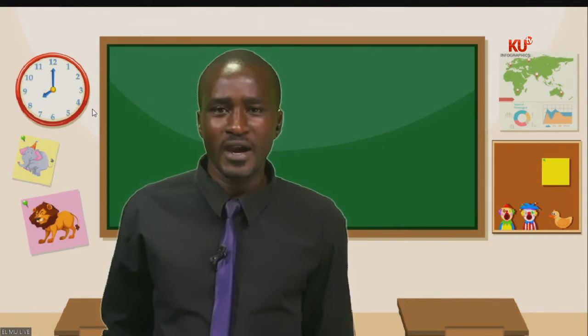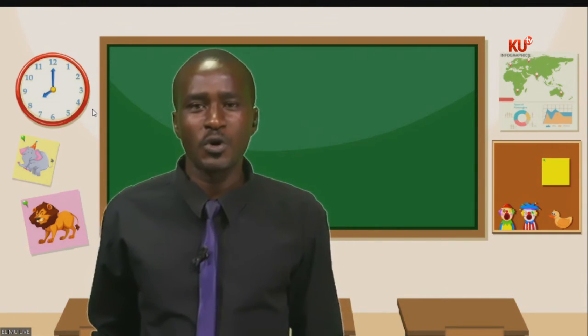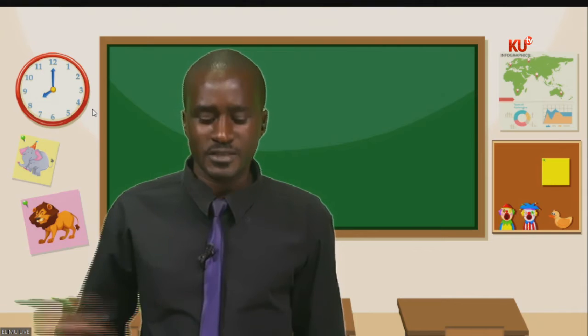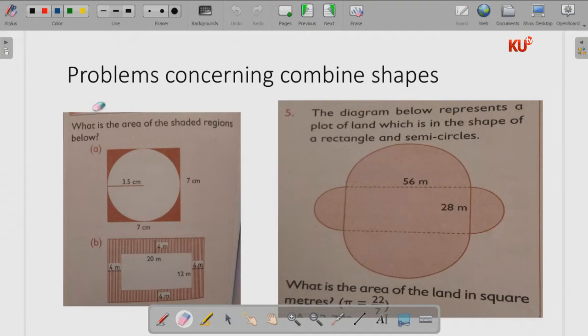We have a square and also we have a circle. You can see a square outside a circle. How do you find the area of such a thing?